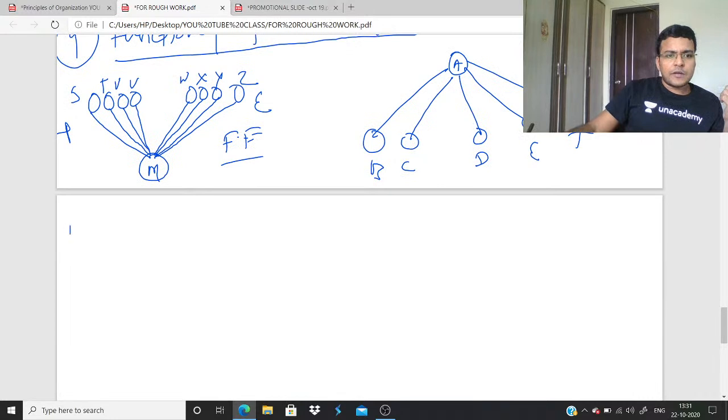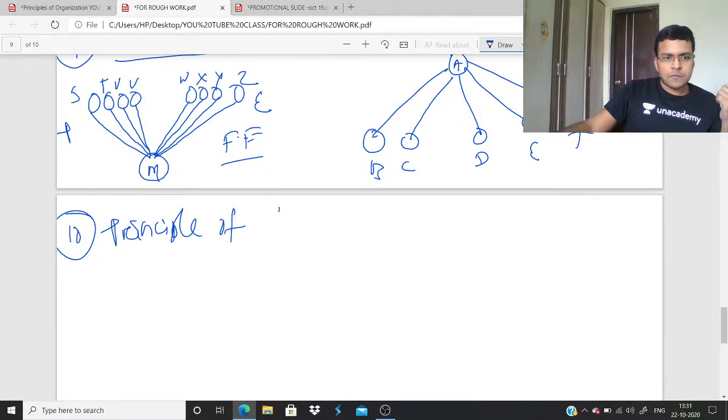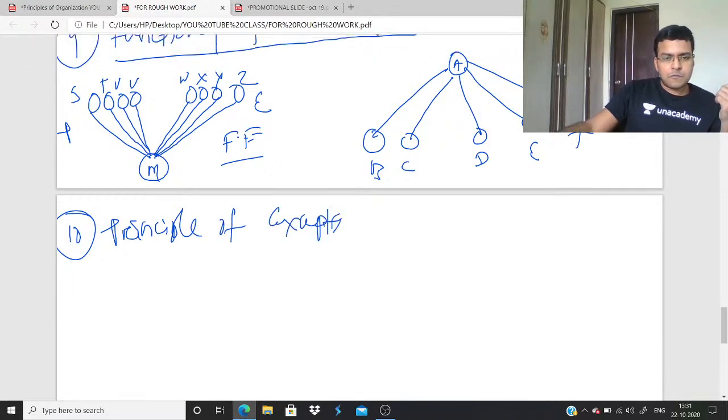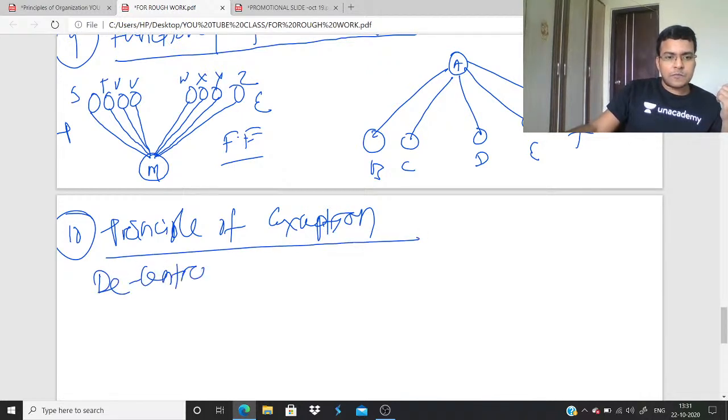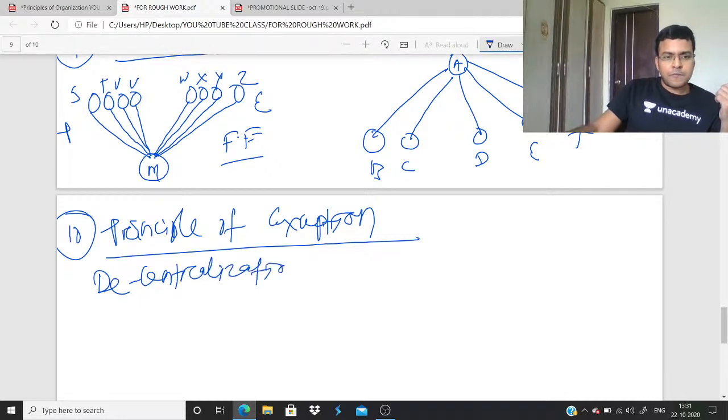Next, you will write the principle of exception. That is, Taylor promotes decentralization in organization.